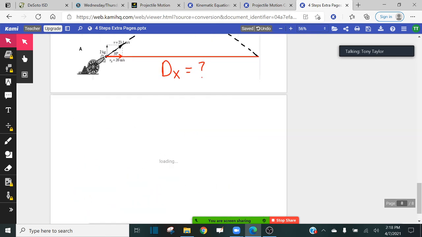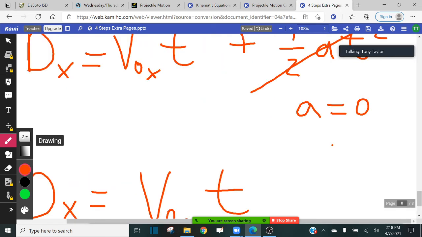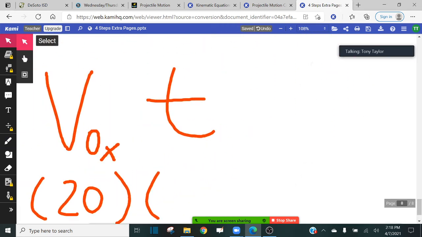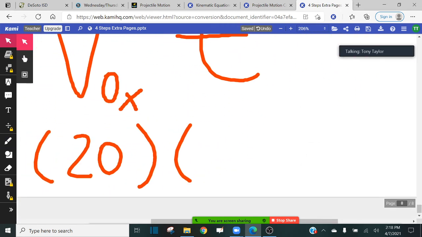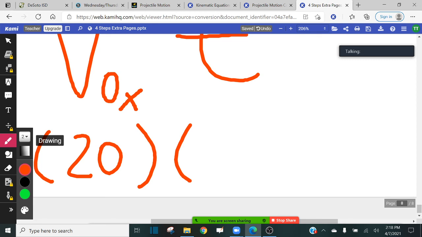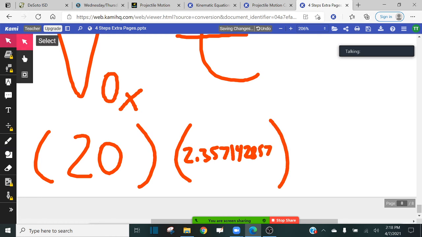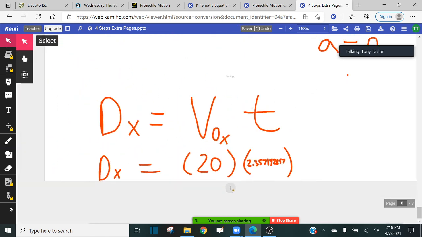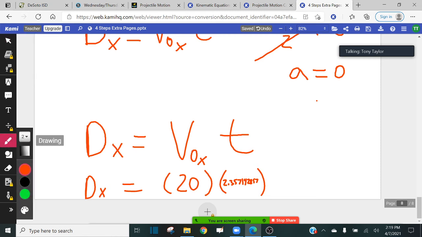Okay. So I'm going to write that in here. The total time in the air, I'm going to try to write small, 2.357 seconds. Okay, so when I multiply 20 by that, let's see what I get.